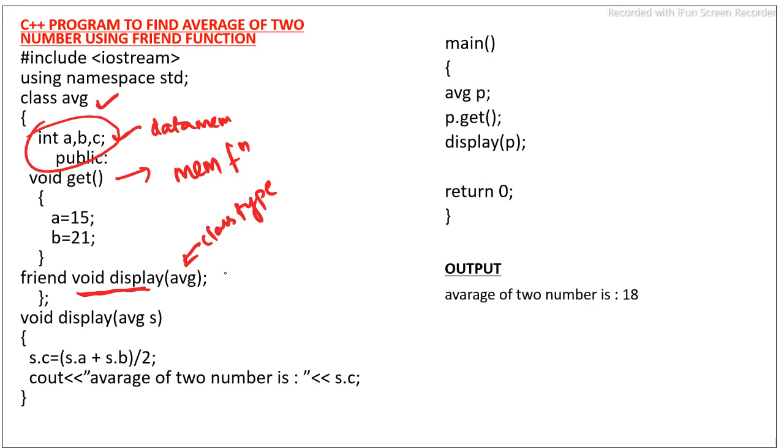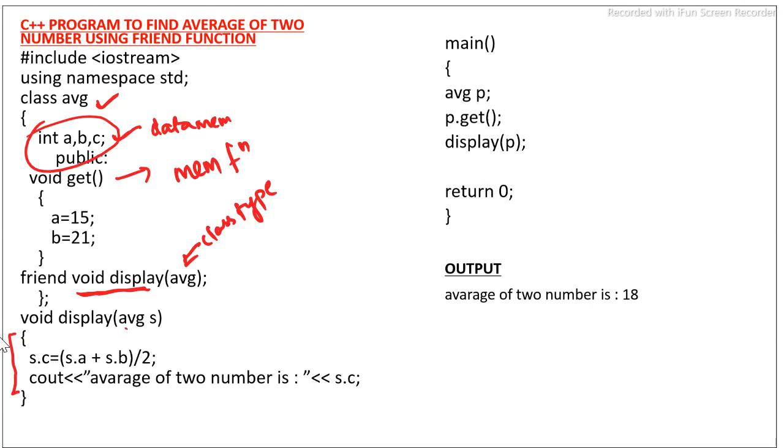Now we close the class, and outside the class we need to write the definition for our friend function. Here we will not mention the keyword friend or use any scope resolution operator to define the display function, which is a friend function. We know that a friend function will take a class type or object as an argument.